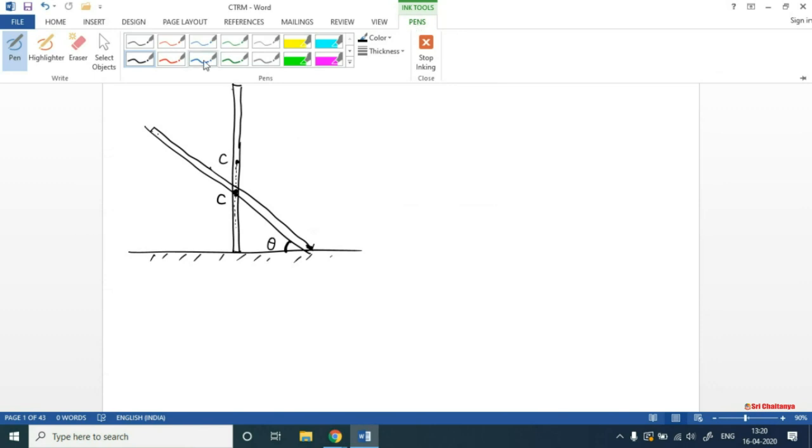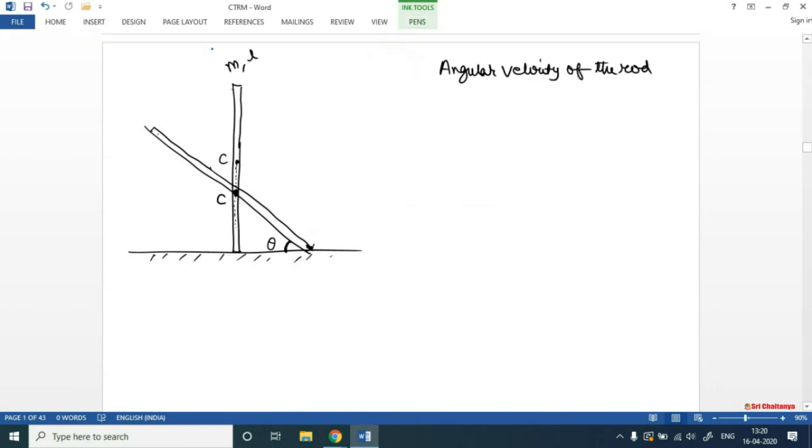So that will be delta U plus delta K is equal to 0. Finding the change in potential energy is easy. But when we write the change in kinetic energy, the initial kinetic energy is obviously 0, and at this instant we have to find the final kinetic energy.